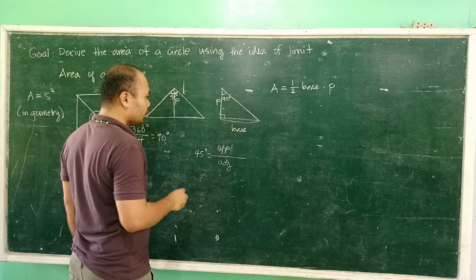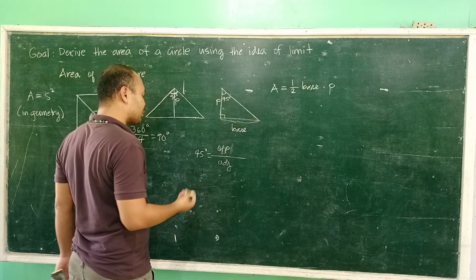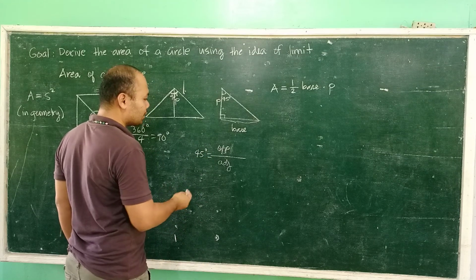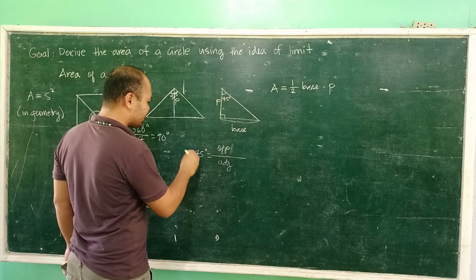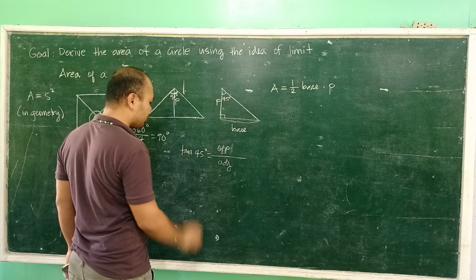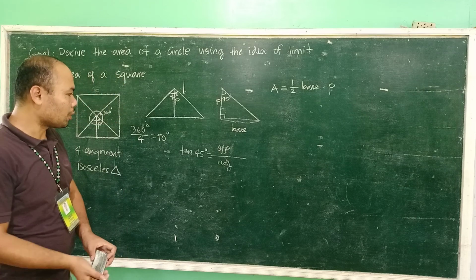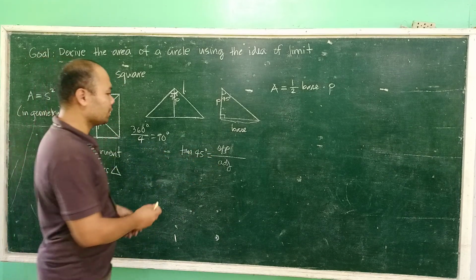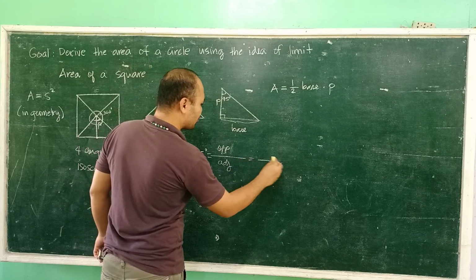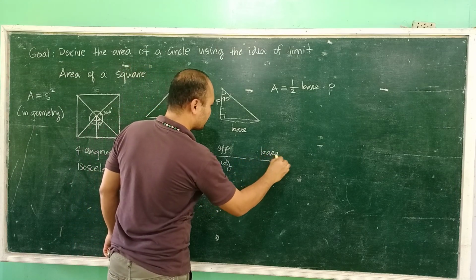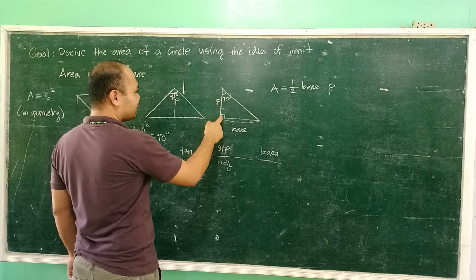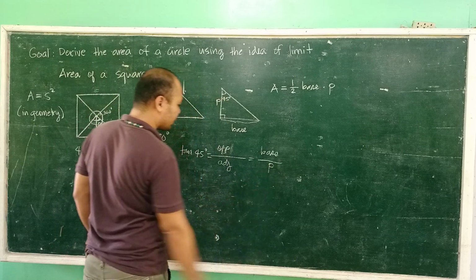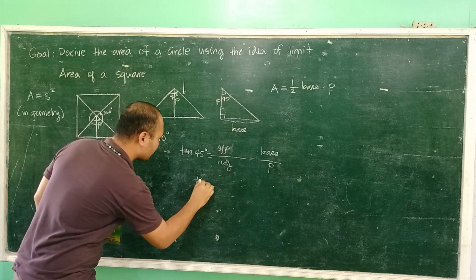So what trigonometric function will we use? We are given the adjacent and looking for the opposite, so we use tangent 45 degrees. Tangent 45 is the opposite side over the adjacent side. The opposite side is our base, and the adjacent side is P.